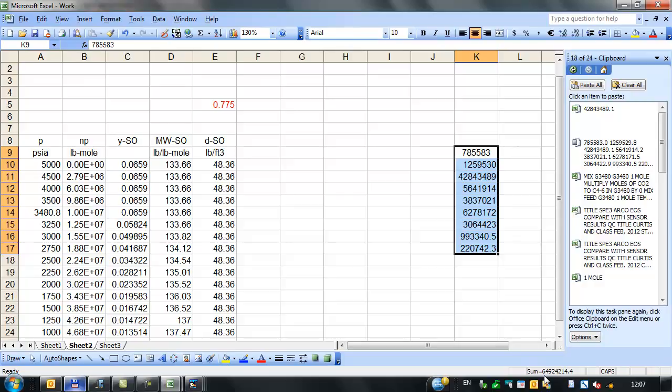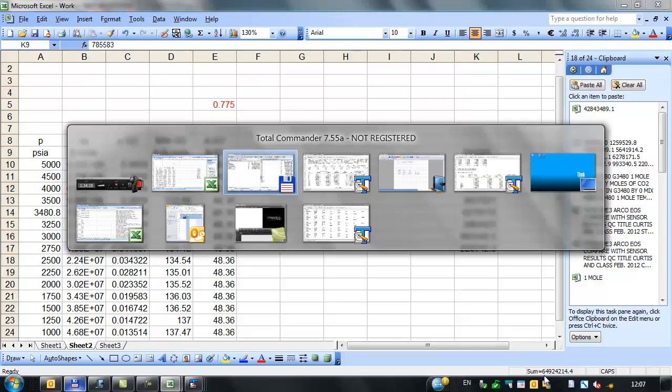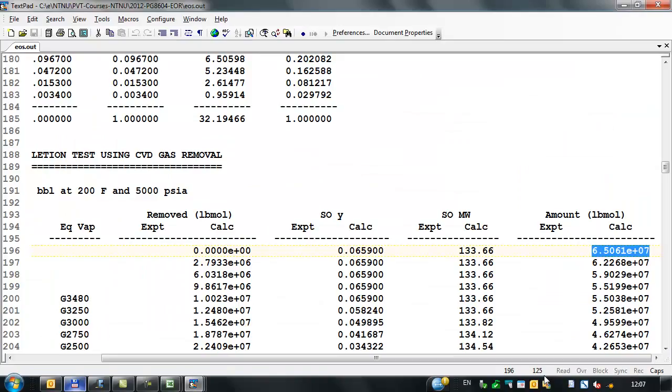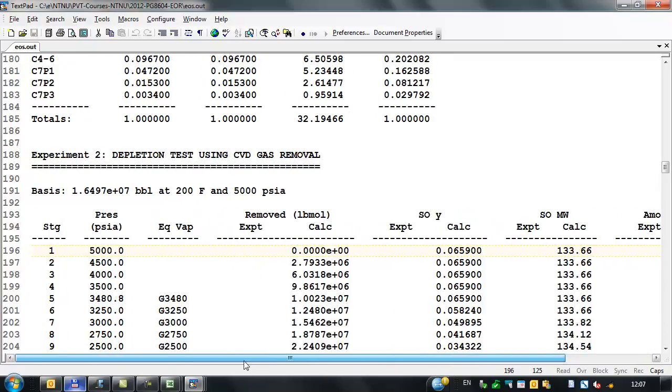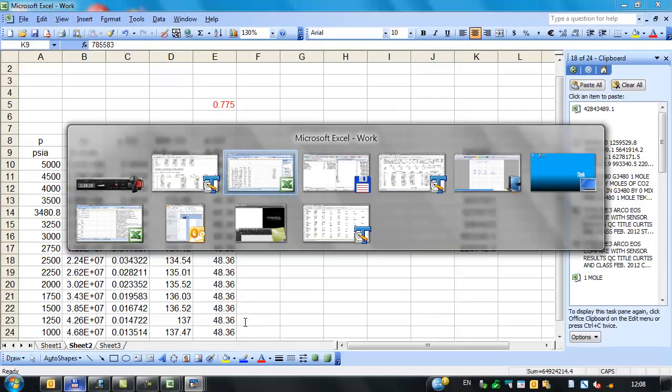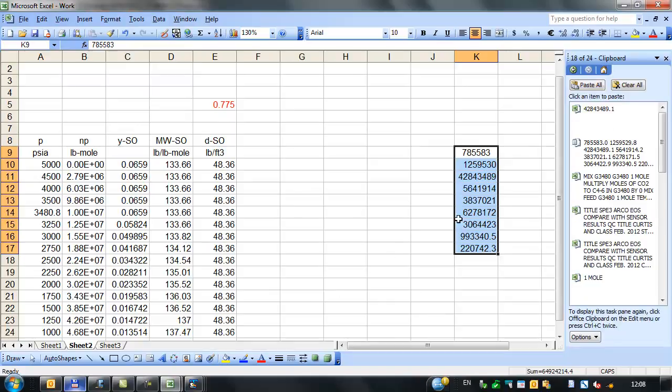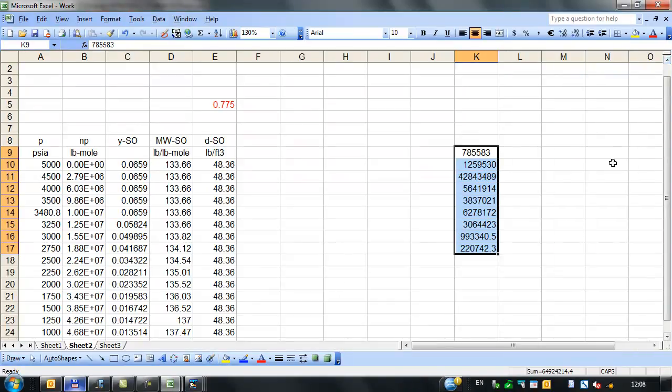Six, 4, 9. 65061. Close. Not completely happy with it, but six, 4, 9.